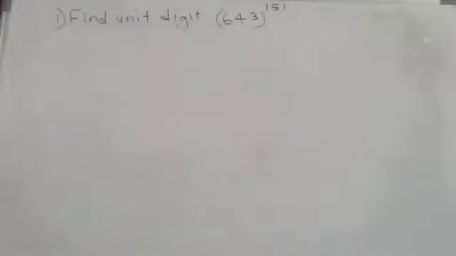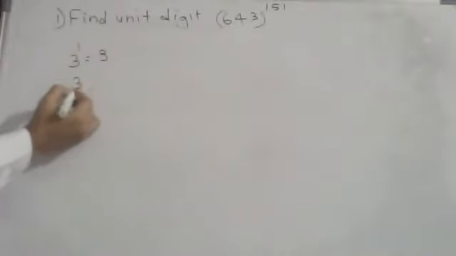Now, what are we going to check? Check with 3. The unit digit is 3. You must know after how many intervals the number is repeating.